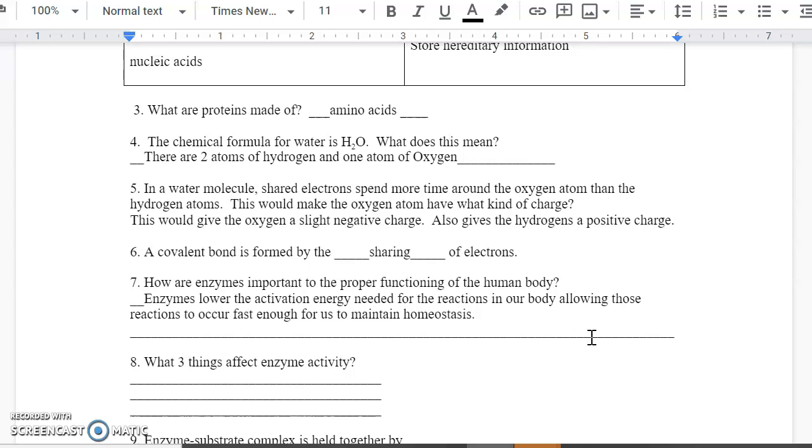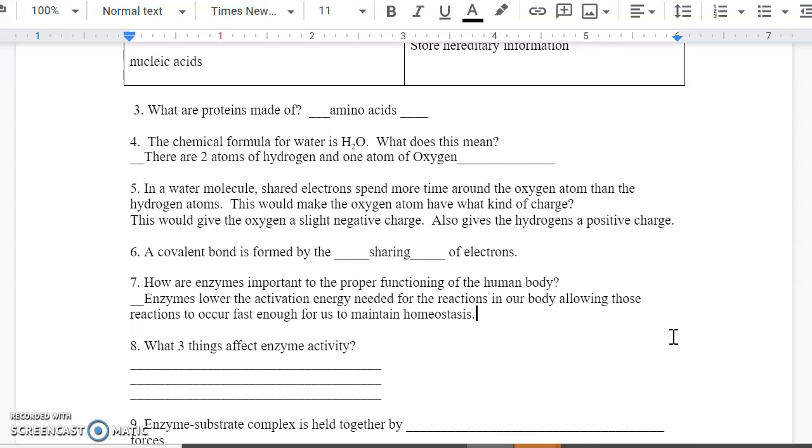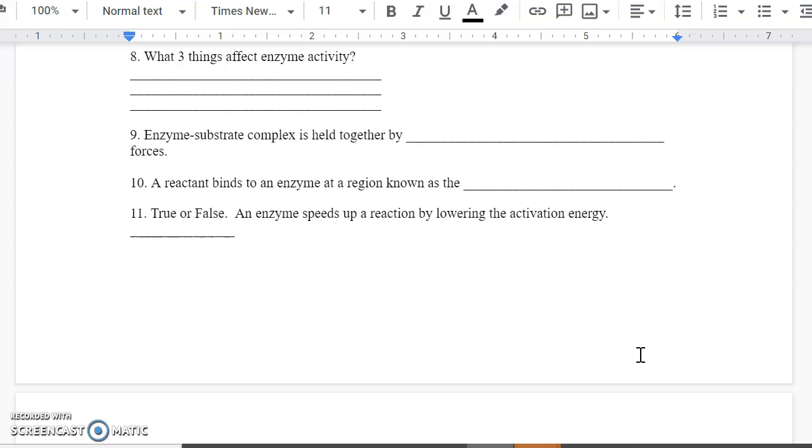We have billions of chemical reactions happening in our body right now, and they would not occur fast enough for our body to maintain homeostasis if it were not for the enzymes. Remember, homeostasis is maintaining those stable conditions that are optimal for life. So it's very important that those are happening.